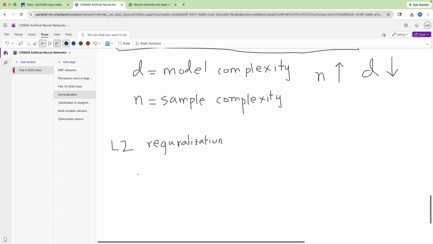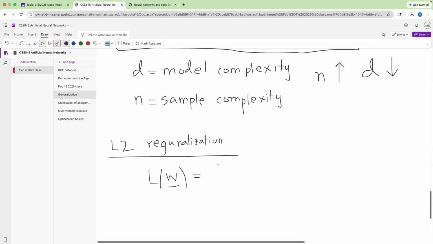And the idea is that we solve this by modifying our loss function, right? So if you have a loss function of our weights, let's say we are talking about least squares regression.